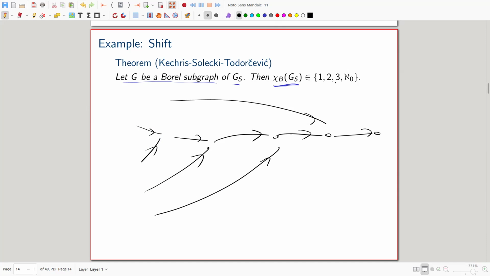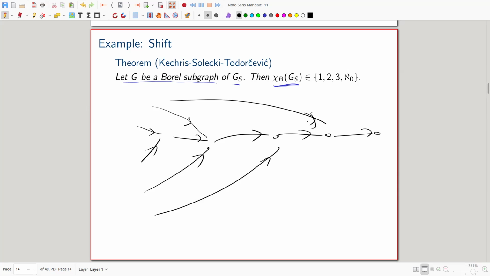We have to prove that once you have a finite coloring of the graph, then automatically you have a 3 coloring. And this is done as follows. You have to believe that everything I say here is Borel, but it is. The intuition is that whatever is constructive, where you don't have to pick points, is always going to be Borel.